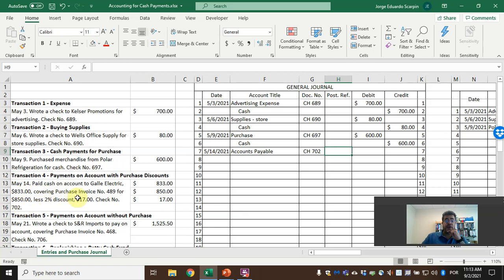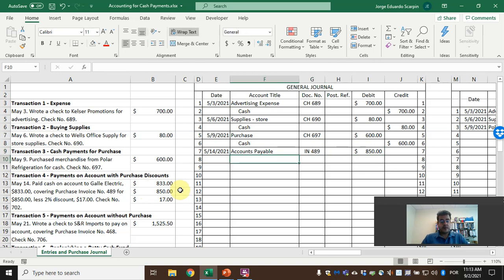However, the invoice for $89 is $850. The invoice is $850. So what we are paying on debit? We are paying $850. That is what we are paying.